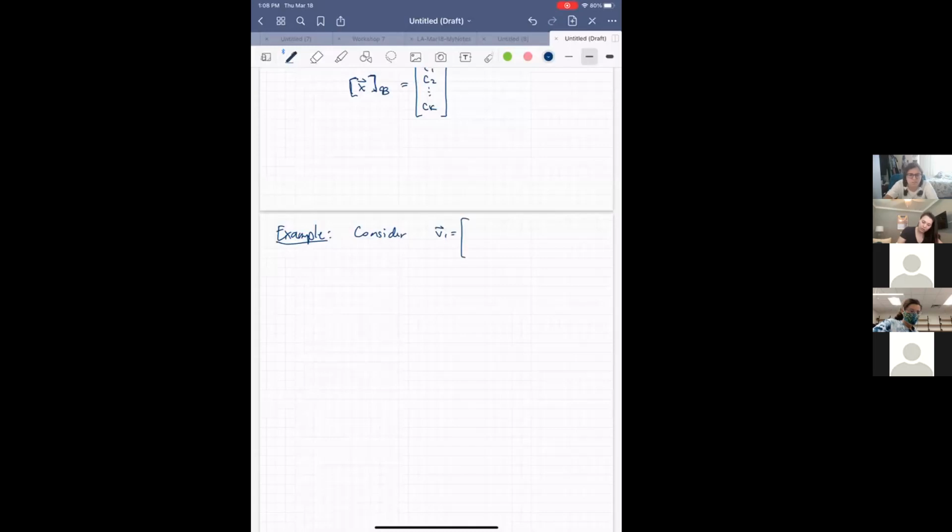So V1 is 1, 0, minus 1, and V2 is 2, minus 1, 1. So our subspace will just be the span of these.